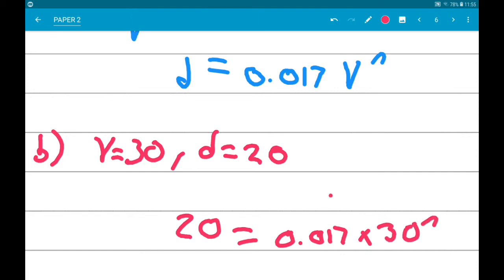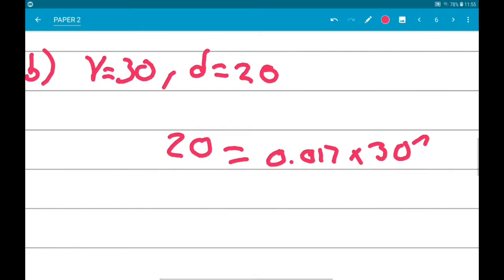Alright, so first up, divide through by 0.017 and we are going to get 176.5.